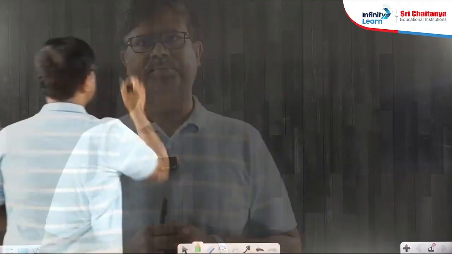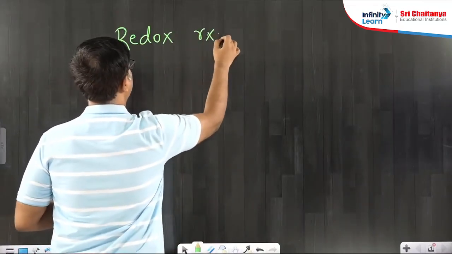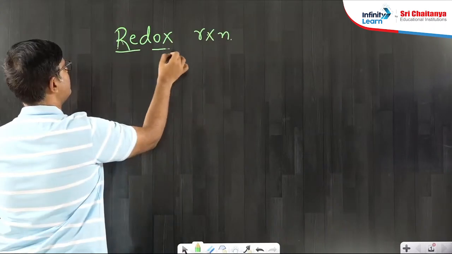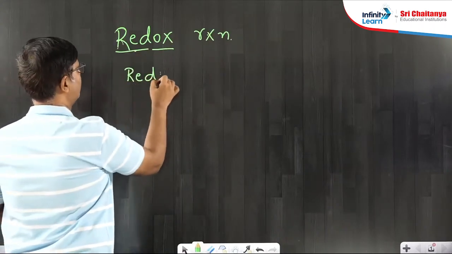Before beginning the types of redox reactions, let's see first how to find whether a reaction is redox or not. See, redox reaction means reduction plus oxidation.